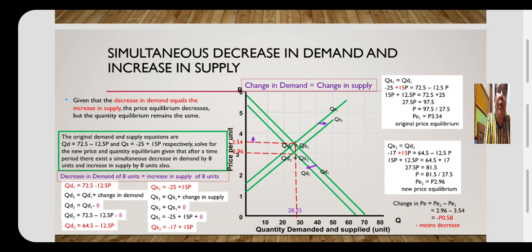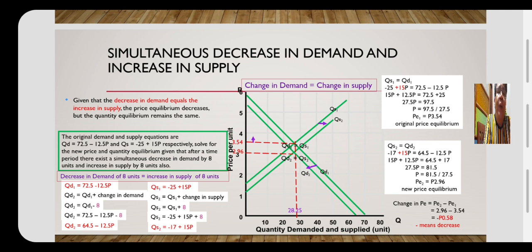The new supply curve, which is equal to negative 17 plus 15P, is simply the sum of the change in supply and the original supply equation.